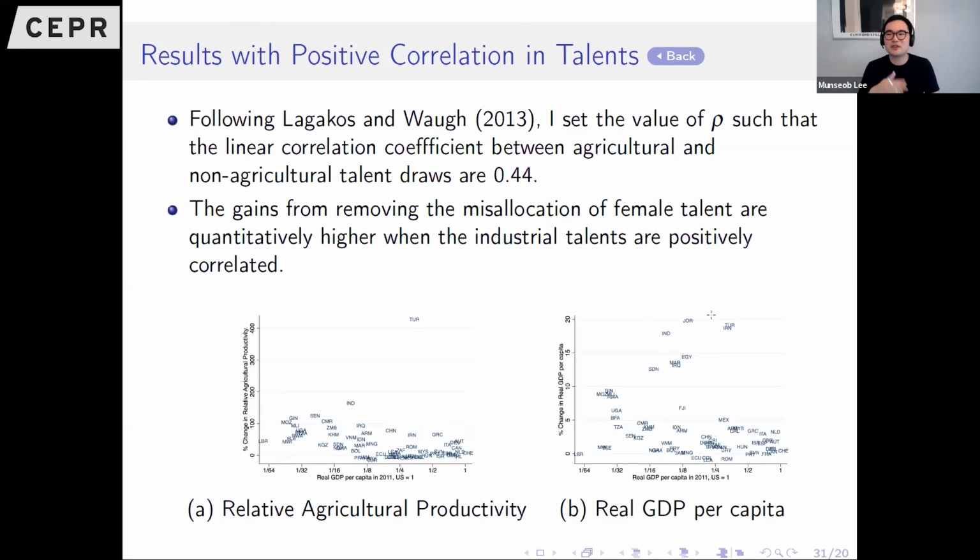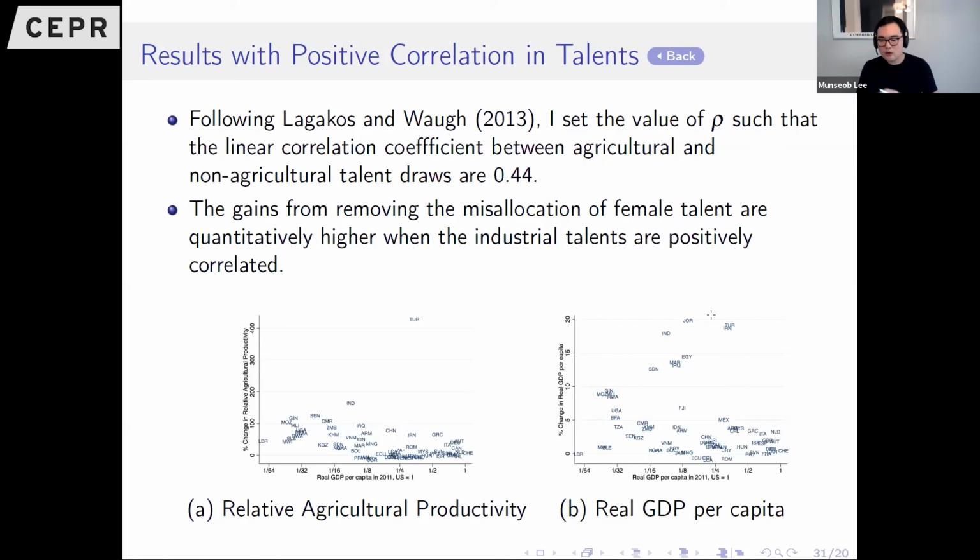Before the counterfactual, the government gives a lump-sum transfer to the older workers. After the counterfactual, the older workers are not getting the transfer anymore. So the income effect could go in either direction. It is increasing the income for a certain fraction of the workers, and it is also decreasing the income for a certain fraction of the workers. That's why the real GDP is not universally increasing for all the countries, especially the low-income countries.